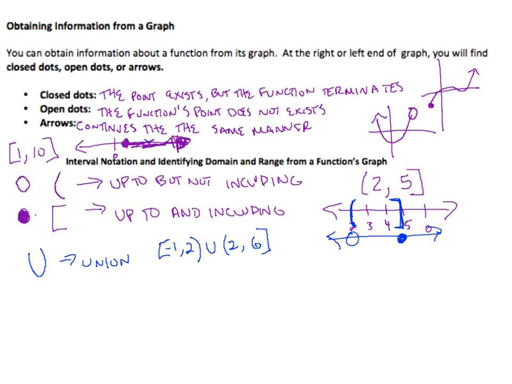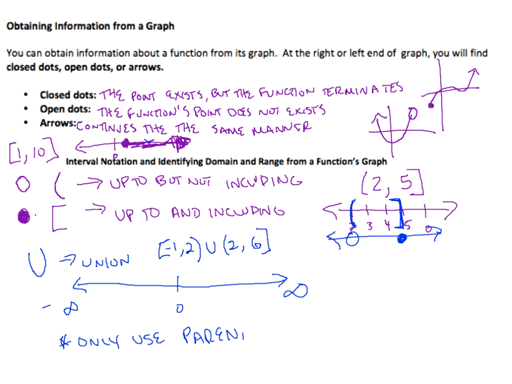One more thing to talk about with interval notation is infinity. For our number line, here's 0, we have negative infinity and positive infinity, just keeping on running out in the same direction. With negative or positive infinity, you will only use parentheses, because you can't include infinity.